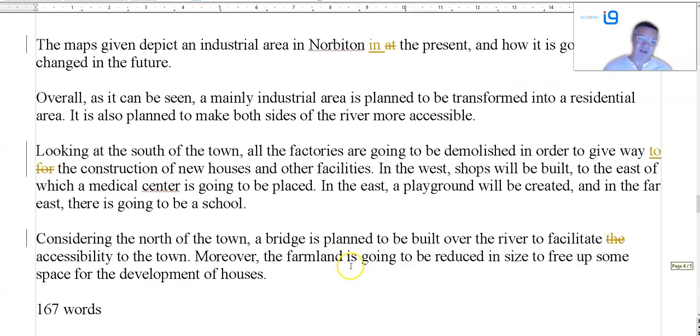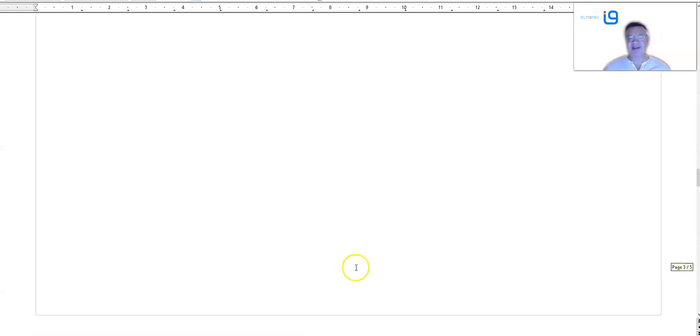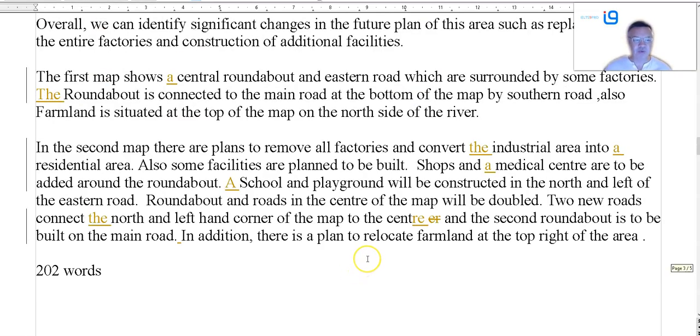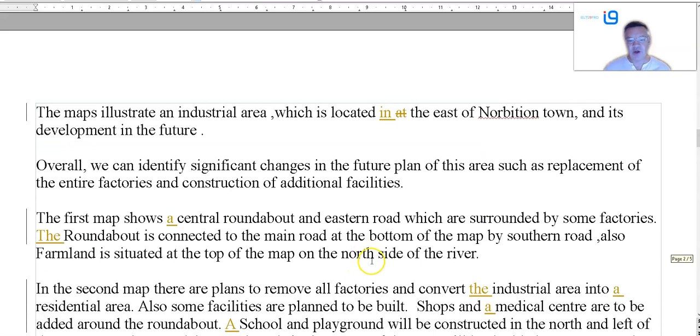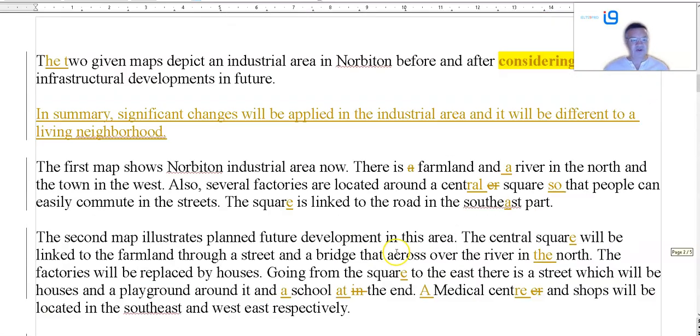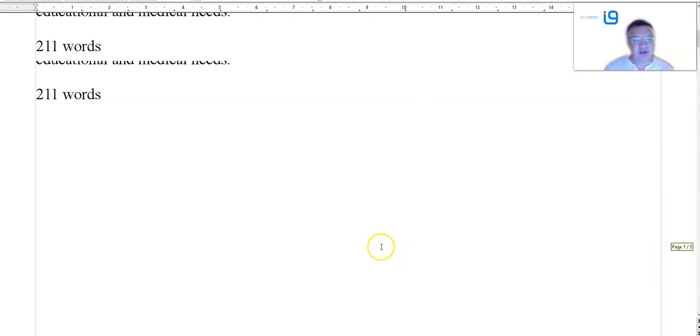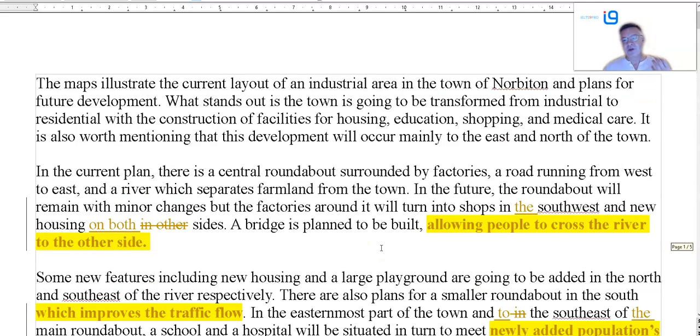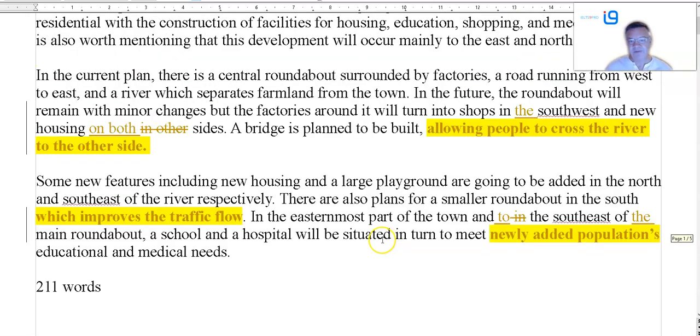So these aren't too bad, but some of them are a little bit sparse. It's bare bones kind of stuff, especially in the overview. As we've just seen in the criteria, you can get a good score for task achievement the more detail that you include. 200-ish words is perfectly fine.